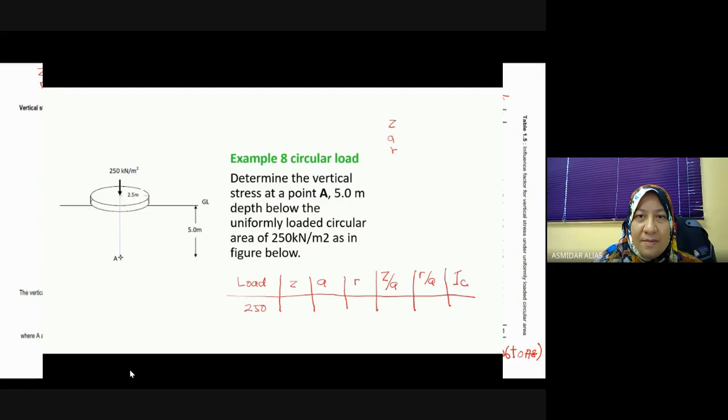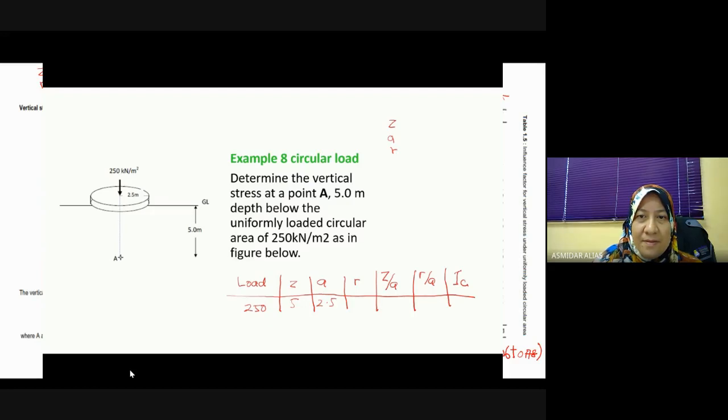Z is from the ground to the point you want to find. It is 5. A is half of the diameter of that circular area, which is already stated there, 2.5 m. And then R is from the center line of your circular load to the point that you want to find.